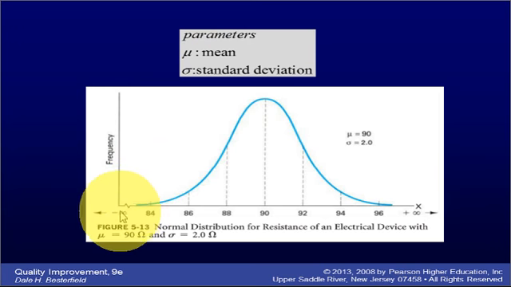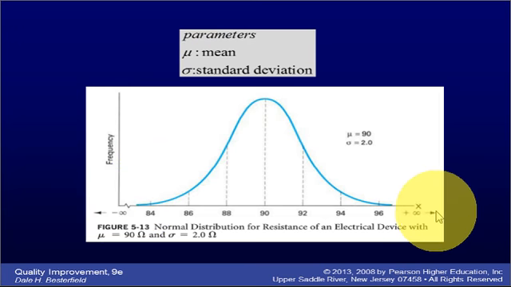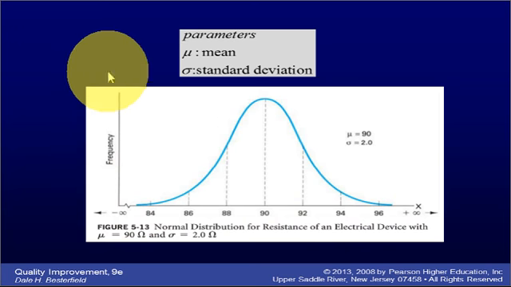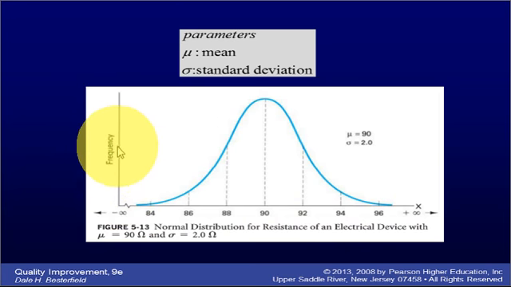The horizontal axis shows the positive values that the resistance can take, and the vertical axis shows the frequency of the different values.